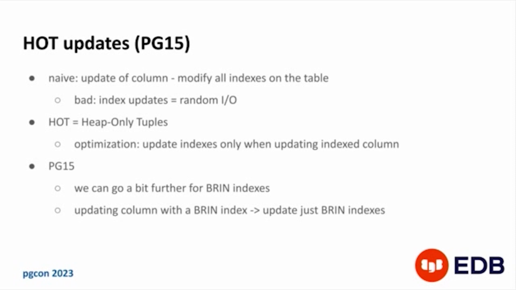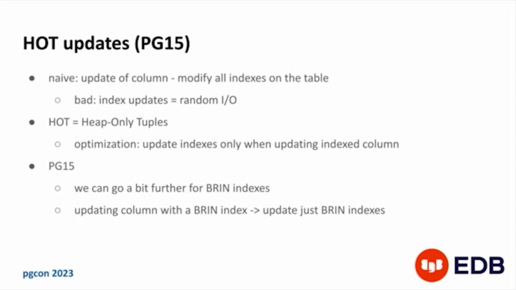And if you are not creating additional index entries, that's an improvement. Question: if you have multiple columns with BRIN indexes on them, when you update one column, do you need to update both indexes? Yes. So the question is if you have multiple BRIN indexes on different columns, I think we need to update all the summary indexes, yes.